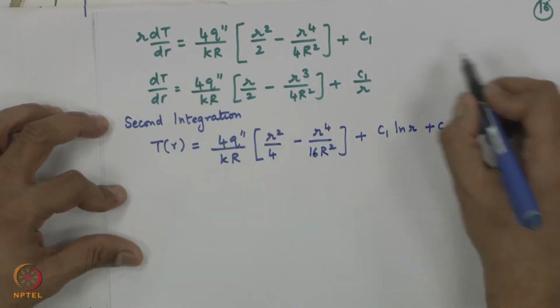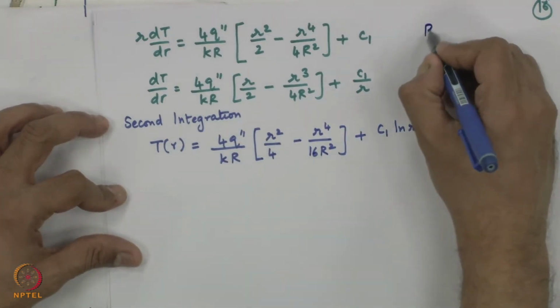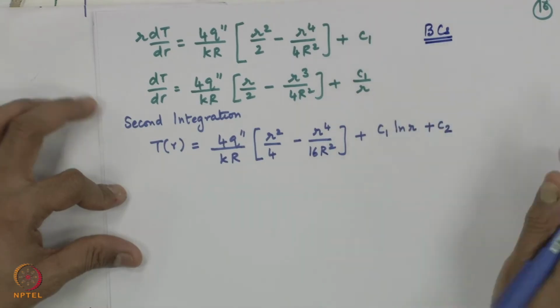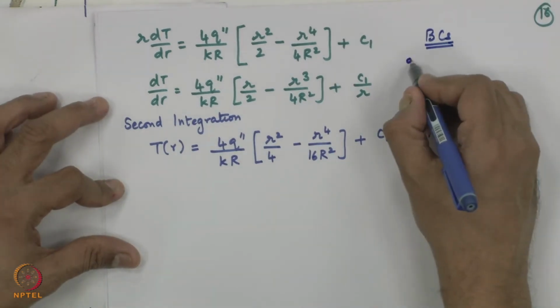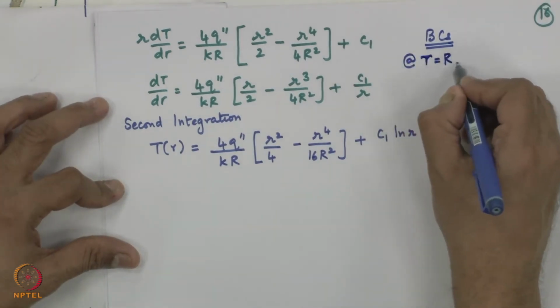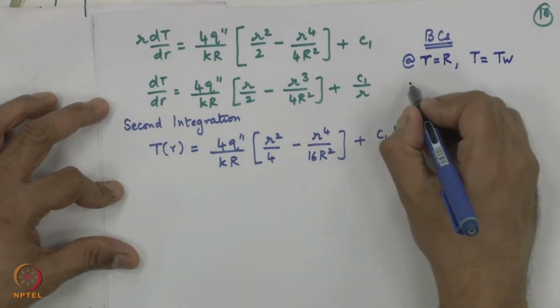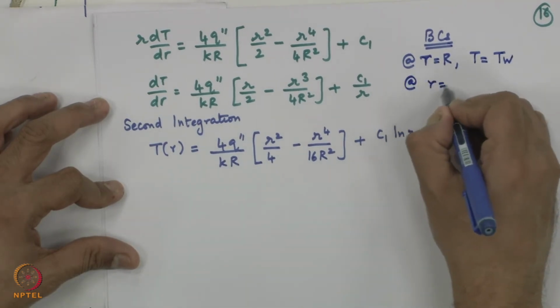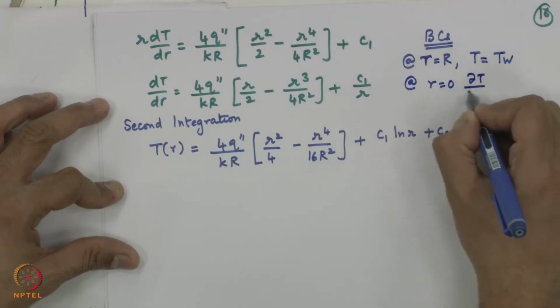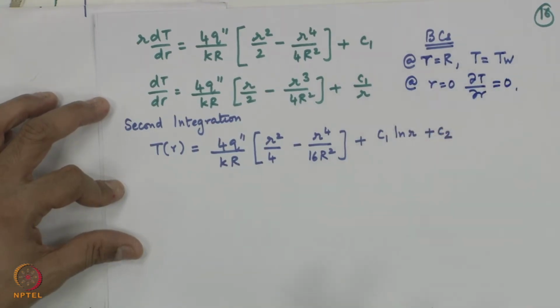Okay. So, two unknowns, so two boundary conditions. I am going to write them here. Boundary condition 1: at r equal to capital R, T is equal to T wall, and boundary condition 2: at r equal to 0, dT by dr equal to 0.